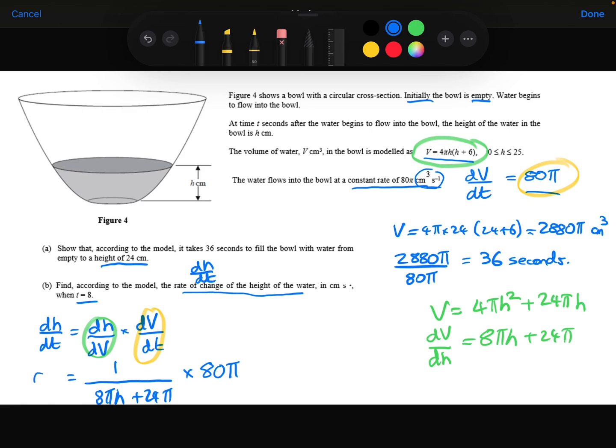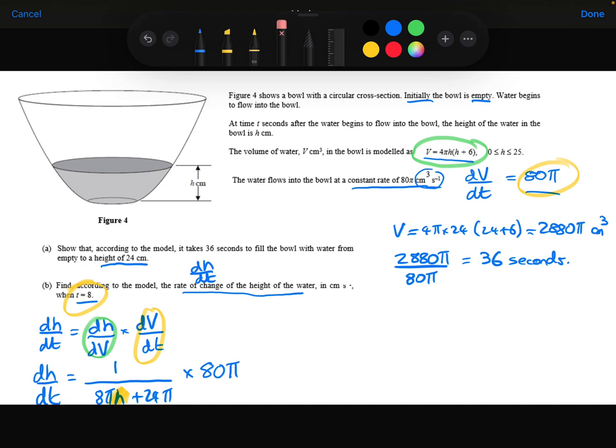Right, so I've got my expression for dh by dt now. I just need to know what h is when t is 8 seconds. Right, well I can work that out because I can work out the volume after 8 seconds because I know that the water's flowing in at 80 pi centimetres cubed per second.